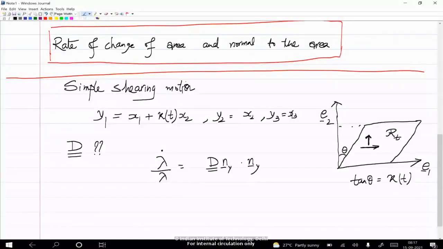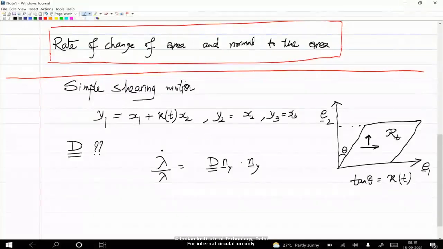Inclined. In which direction? Forward or backward? Deflected backward from E2. That's true. So earlier it was backward, not forward.